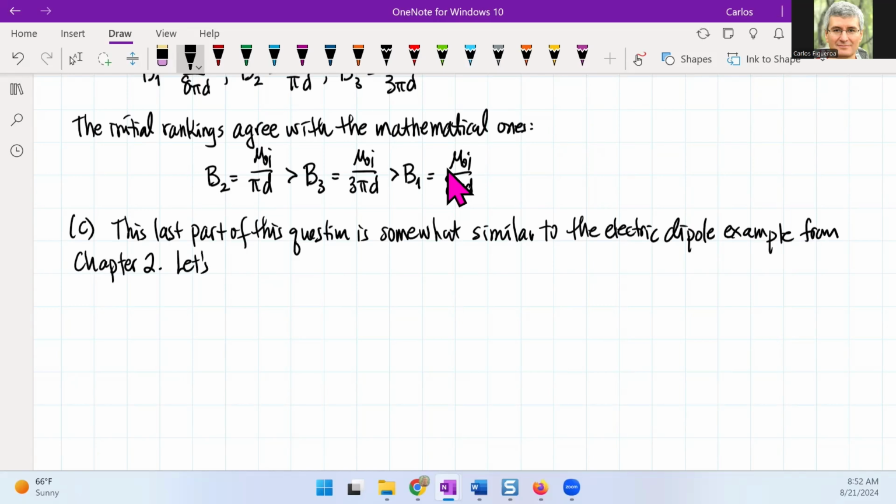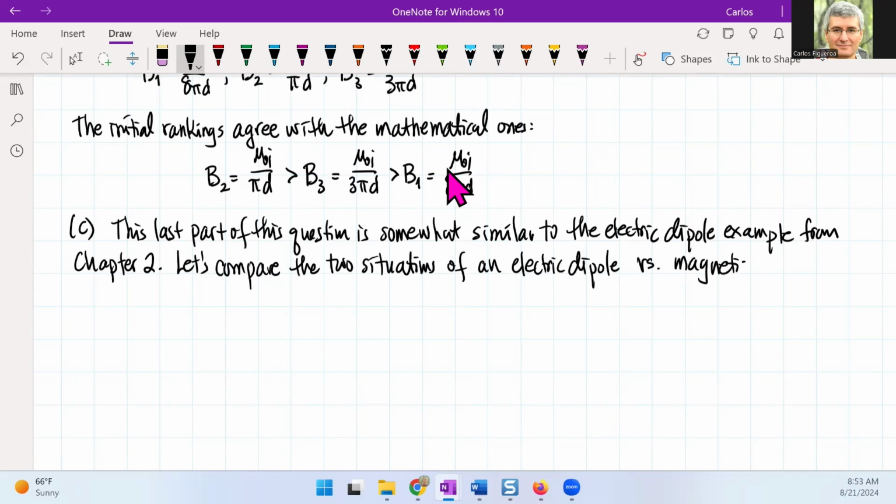So let's compare the two situations of an electric dipole versus, maybe I shouldn't say magnetic, maybe two wires with opposite currents.